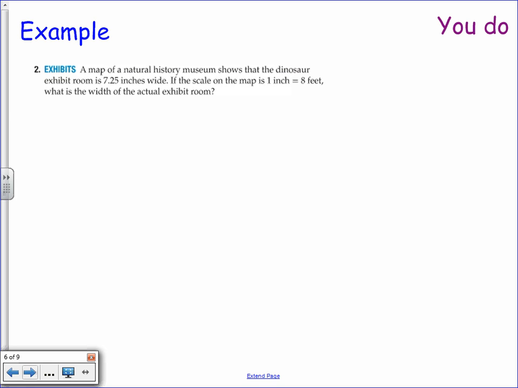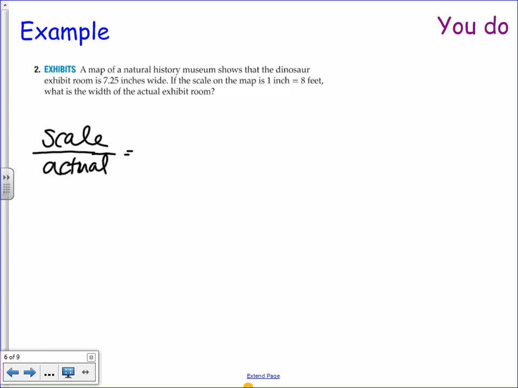Okay, so here we've got a map of a natural history museum that shows that the dinosaur exhibit room is 7.25 inches wide. If the scale on the map is 1 inch equals 8 feet, what is the width of the actual exhibit room? Okay, so we've got our scale over actual.